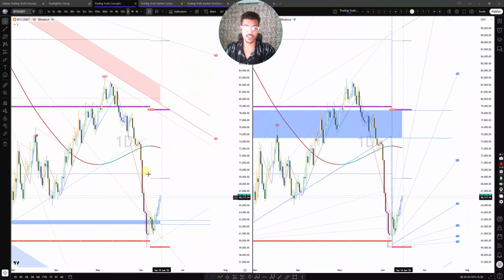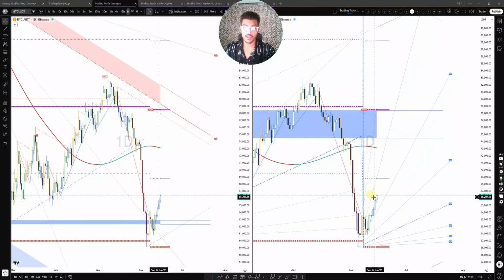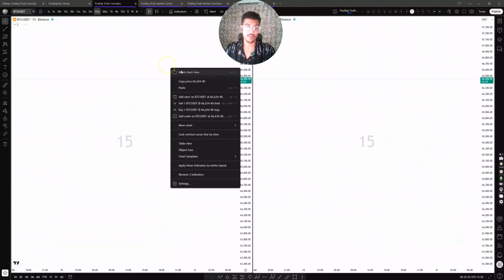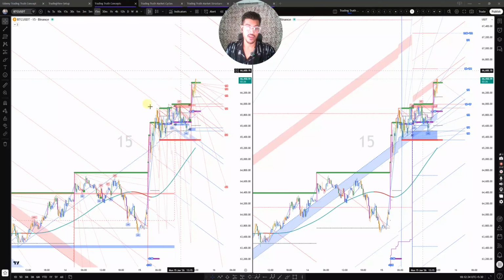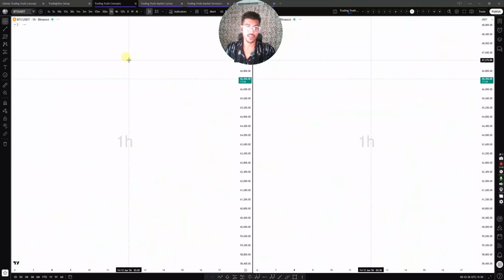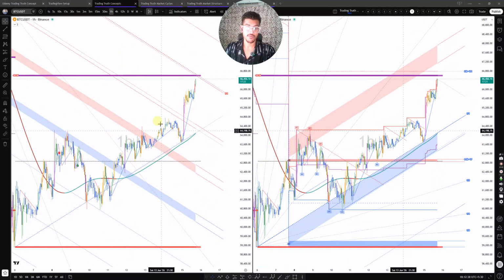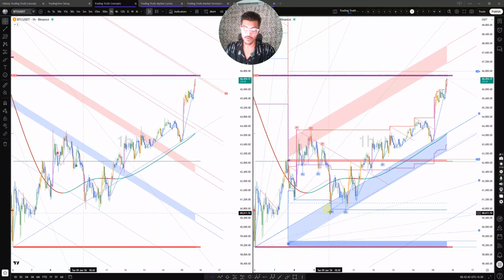To take a trade here, we come to the trading truth concept, and we can see the same here. When I come to 5 minutes, or let's go step by step, for instance 1 hour, I can see there were a couple of trades around here, last point of support.